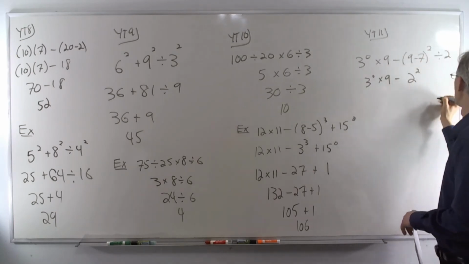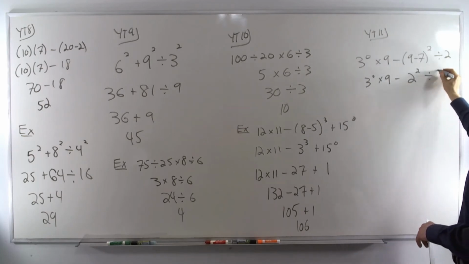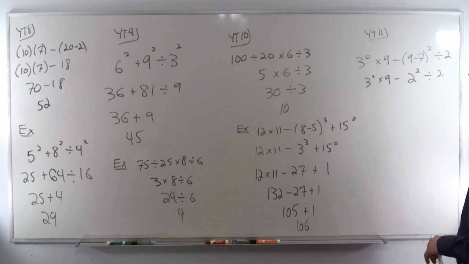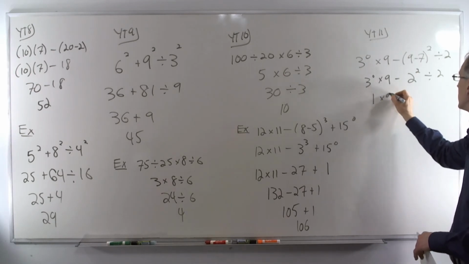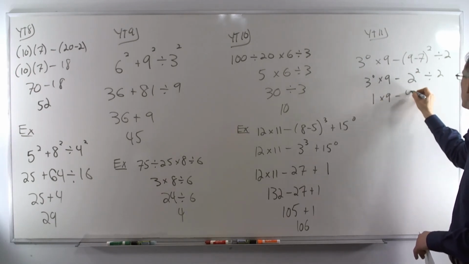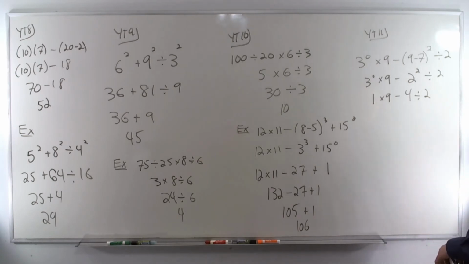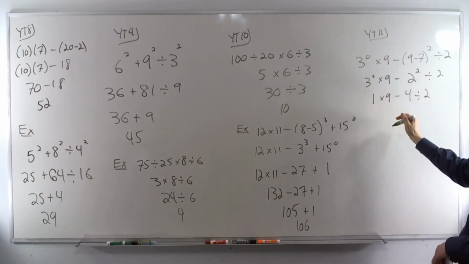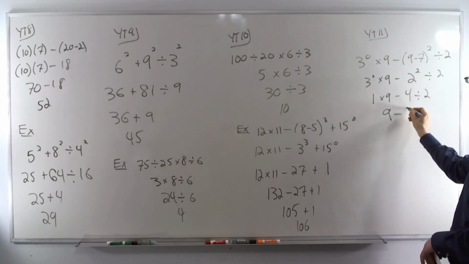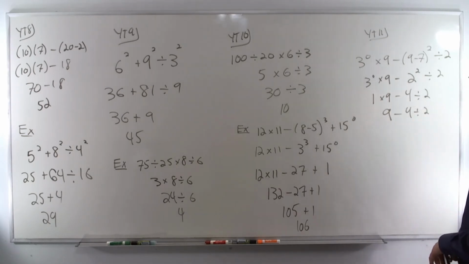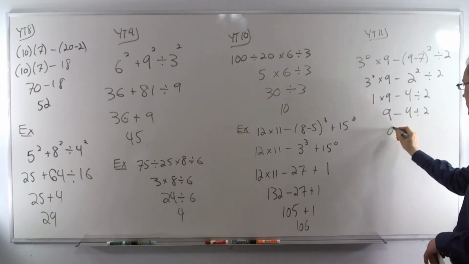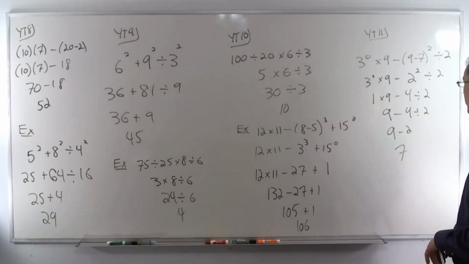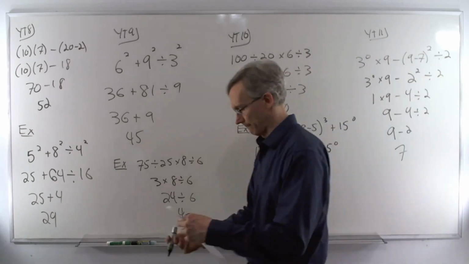Now minus 7 is 2, so we have 2 squared. All right, exponents next. 3 to the 0, that is a 1. 2 squared is 4. All right, now we have multiplication, division. Start on the left here, 1 times 9 is 9. Then we'll do the division. 4 divided by 2 is 2. And finally subtract to get 7.